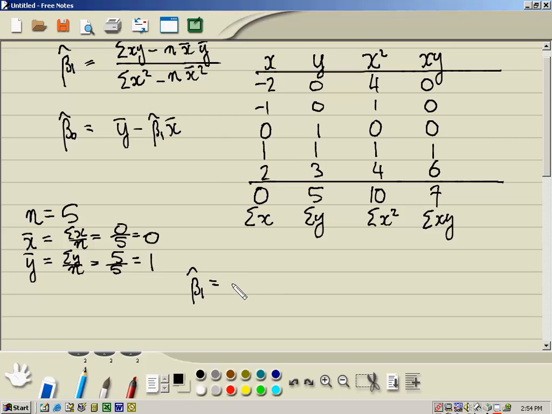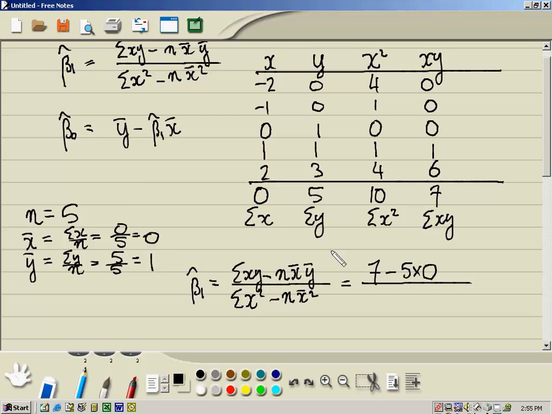Alright, let's write out the formula again. Sigma xy minus n times x bar y bar, divided by sigma x squared minus n times x bar squared. Sigma xy from the table is 7 minus n is 5 times x bar 0 from over here times y bar 1.